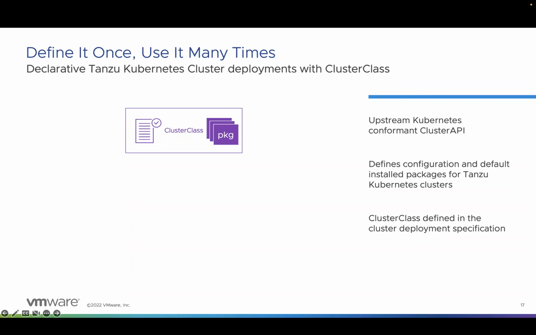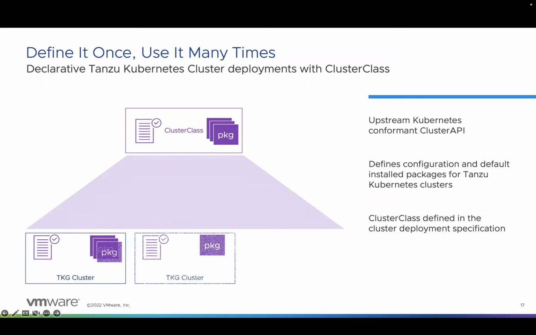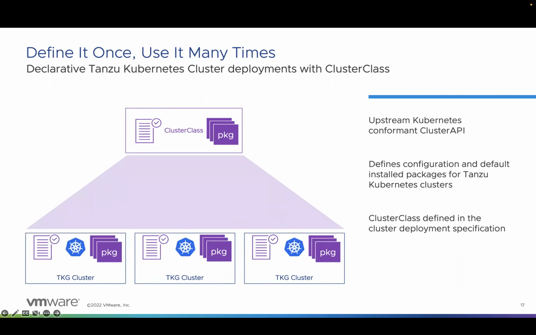And cluster class provides a declarative way to define the cluster's configuration, but now as well as the default installed packages. So a platform team can decide what packages or what pieces of software I want to be installed to my Tanzu Kubernetes clusters at cluster creation time.